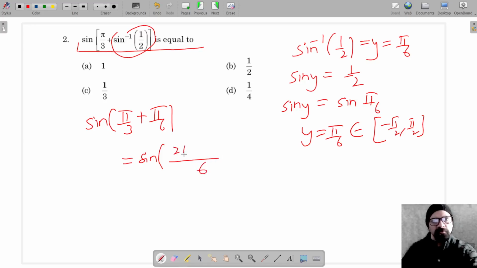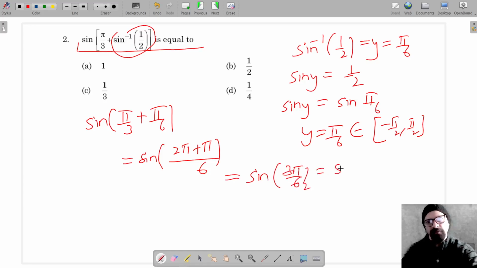Taking the LCM, it gives me 2 pi plus pi, so that is equal to sine of 3 pi by 6. This is sine of pi by 2. Now sine of pi by 2, sine 90, is 1. So our option is option A, that is 1.